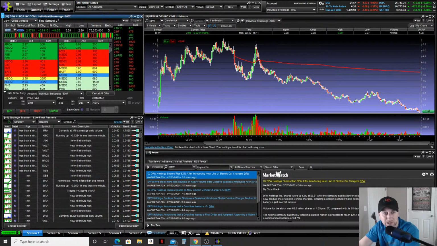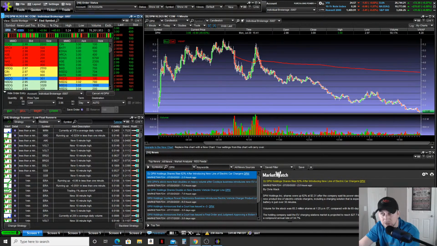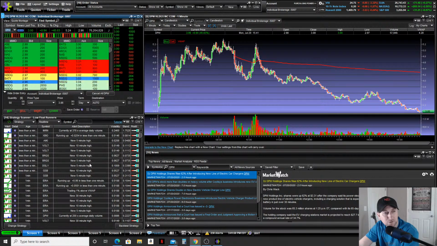I get a lot of questions about my low float runners scanner over here. You really don't even need any of that. Of course it helps, and it's gonna be popping up what exactly is moving and what's triggering the alerts. So yeah, it's helpful for that. But you don't really have to have that kind of stuff.